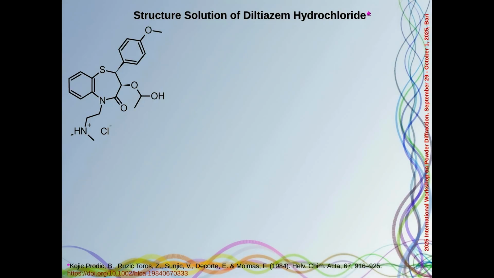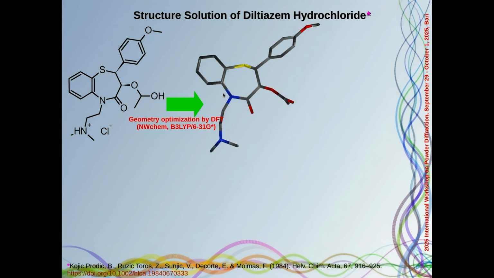This is an example: I'm solving this molecular compound in which I have a 7-membered ring. I prepared a starting model, using geometry optimization by DFT in NewChem, and I built this starting model. Any attempt to solve the structure using this starting model failed.